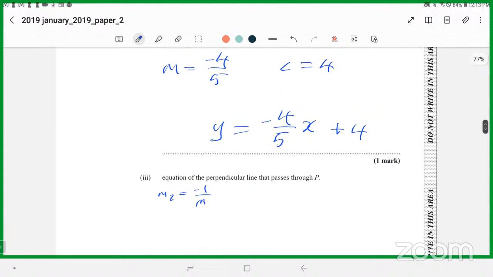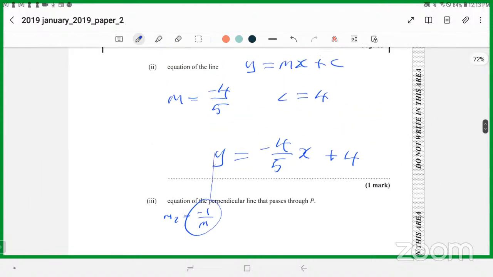This calculation is done quickly by flipping this one and changing the sign. Perpendicular lines have negative reciprocal gradient. So if you have one gradient already and you want to get the next one, you flip the one that you have and change the sign. And so it becomes 5 over 4.